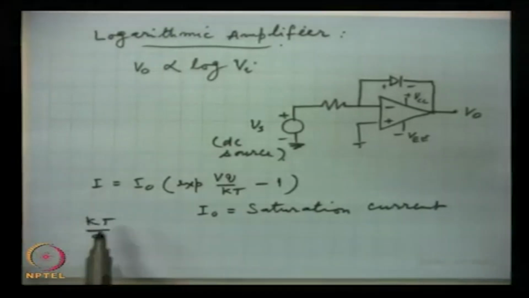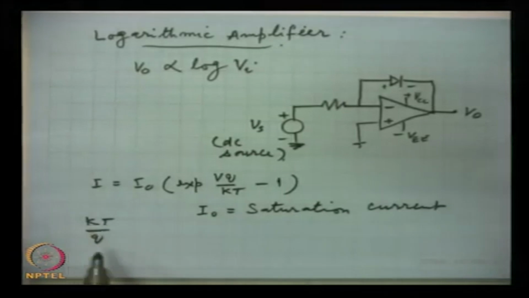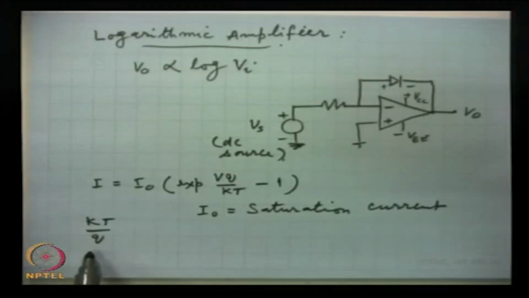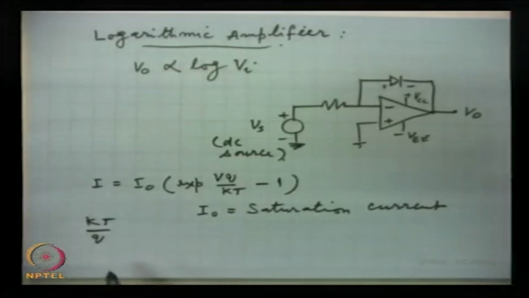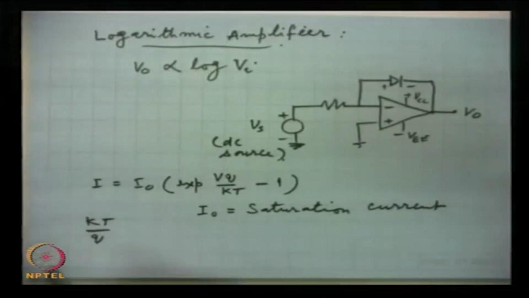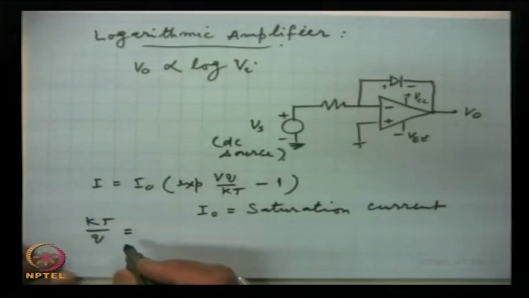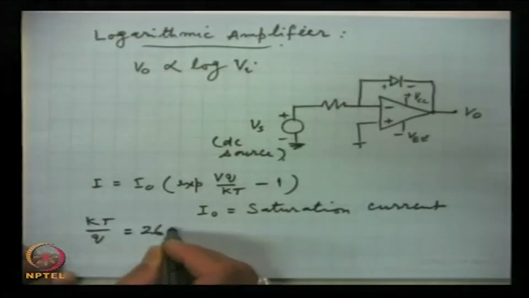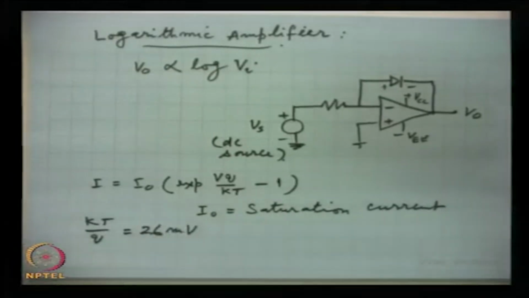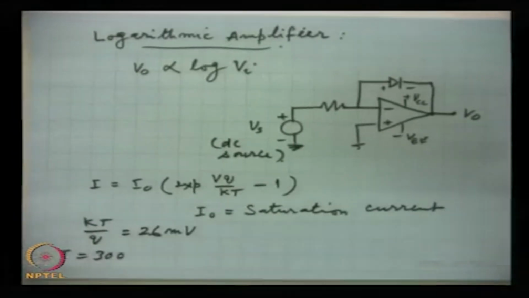Here KT by Q: K is Boltzmann's constant, T is temperature in Kelvin, and Q is the electronic charge. This is the voltage equivalent of thermal energy at room temperature, which comes out to be roughly 26 millivolts at T equal to 300 degrees Kelvin.